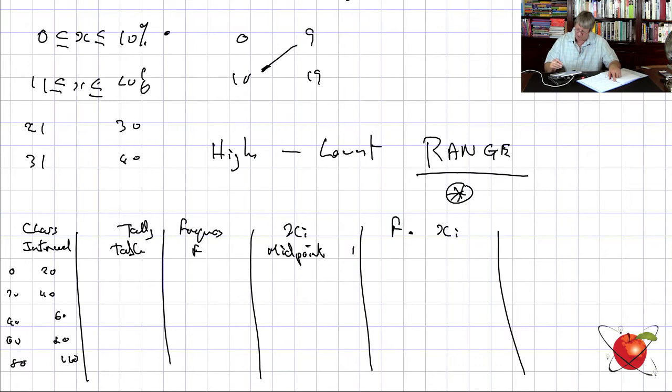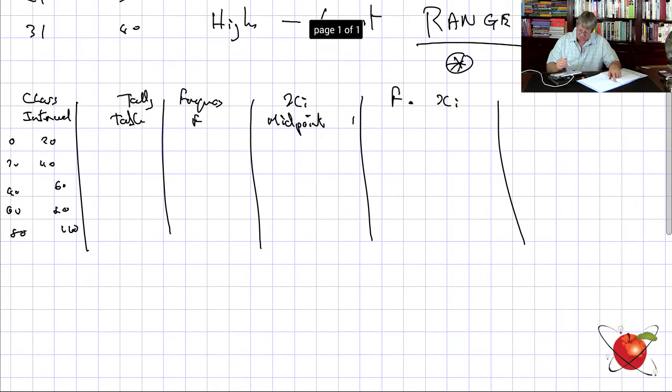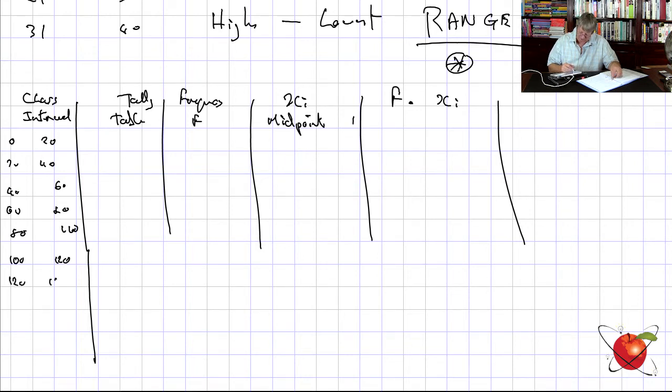I'm going to have to shift my page up a little bit. 60 to 80, 80 to 100, 100 to 120, and 120 to 140.